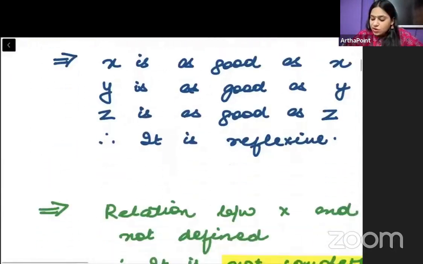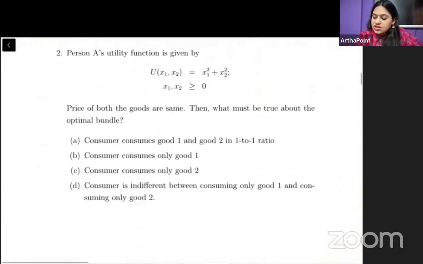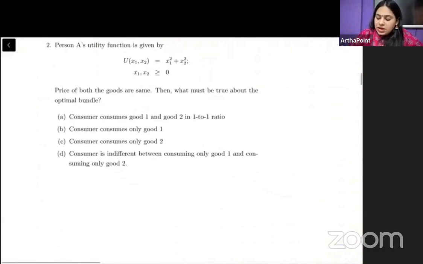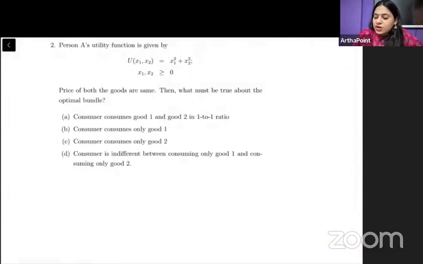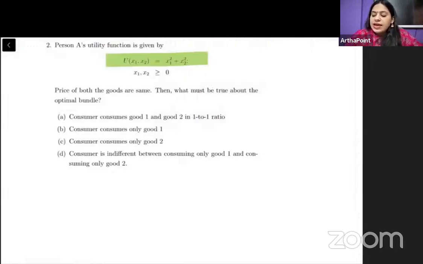Okay, let's look into the next question, beta. So this is the next question of the sample paper, and this says that assume that you are given a utility function x1 square plus x2 square. Now try to understand that this utility function that you have, this is in fact a concave preference utility function.